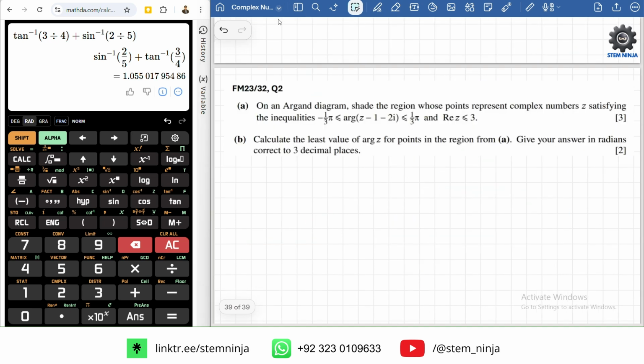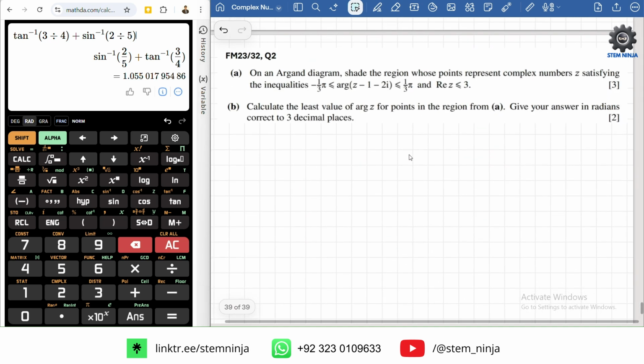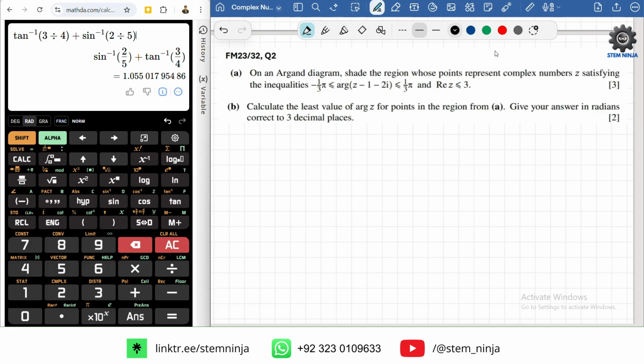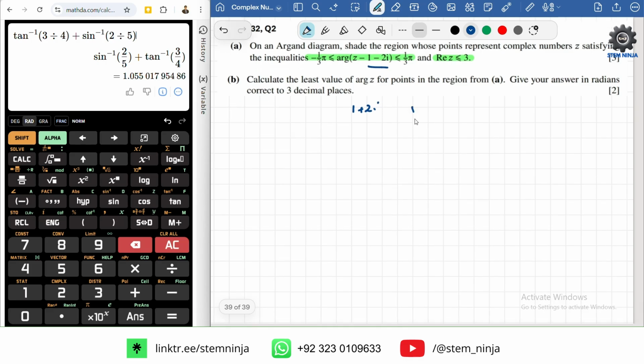Alright, now let's see one last question. On an Argand diagram, shade the region whose points represent the complex numbers z satisfying the equation. So the inequality is this, from minus pi by 3 to this, and real z less than. Okay, so now this is easy. Half line starting from, so this point over here is 1 plus 2i.